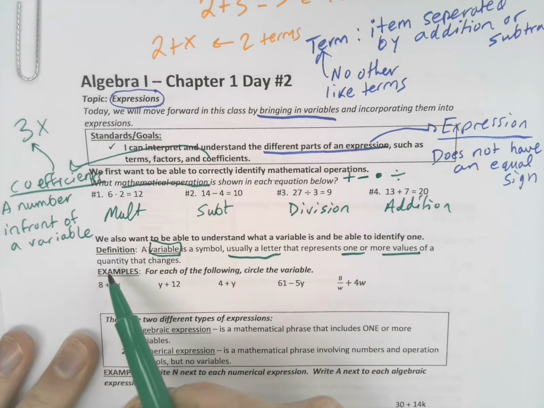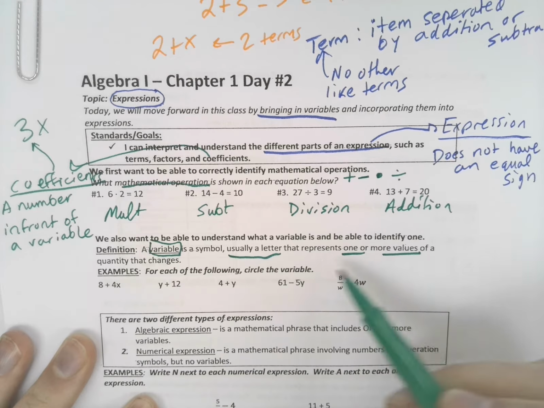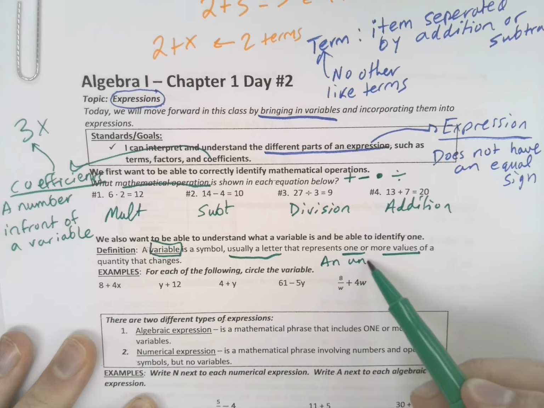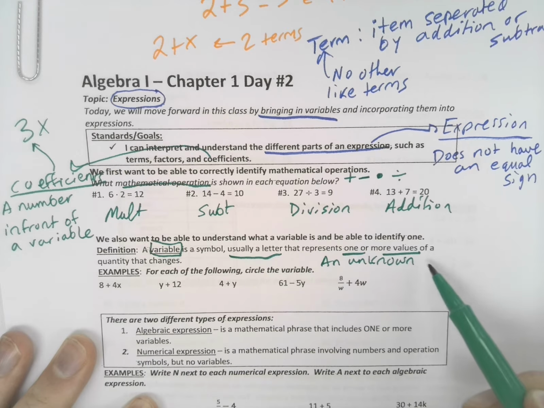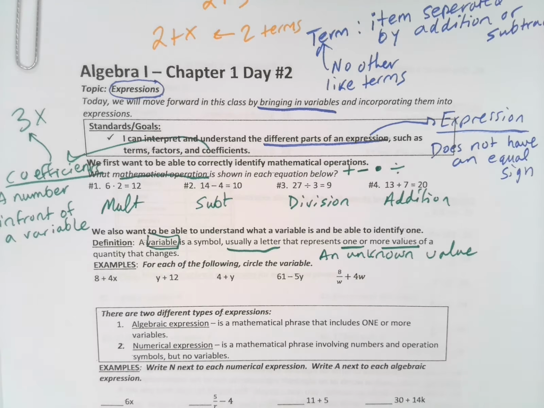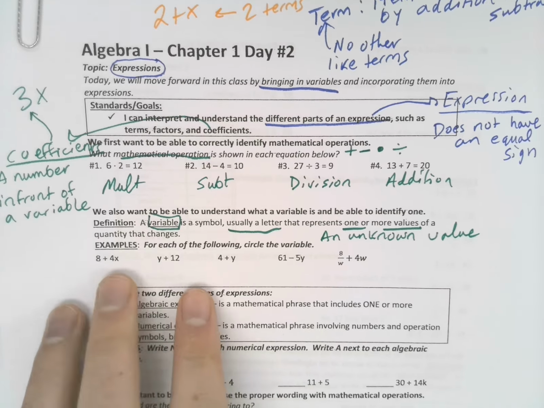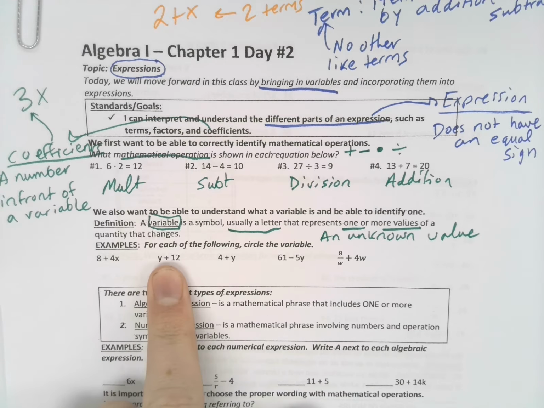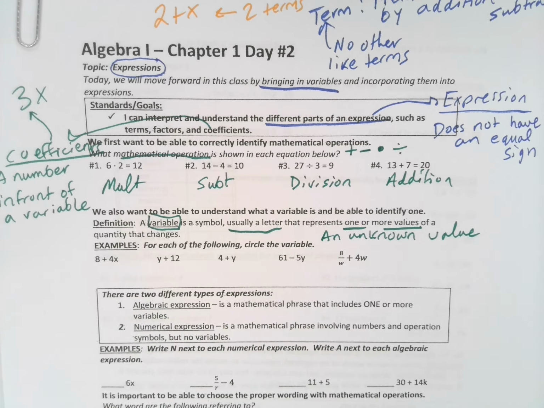And here's the thing, they usually represent an unknown value. That's why they're a letter. That's why we can't put a number there, because we just don't know what they represent. I'm not going to insult your intelligence. I feel pretty confident you could circle the variable there if I wanted you to.